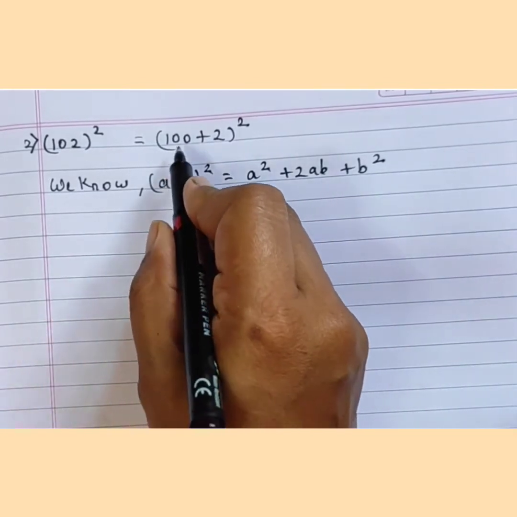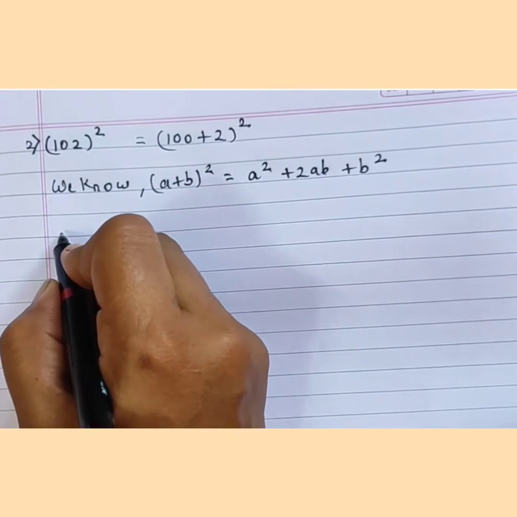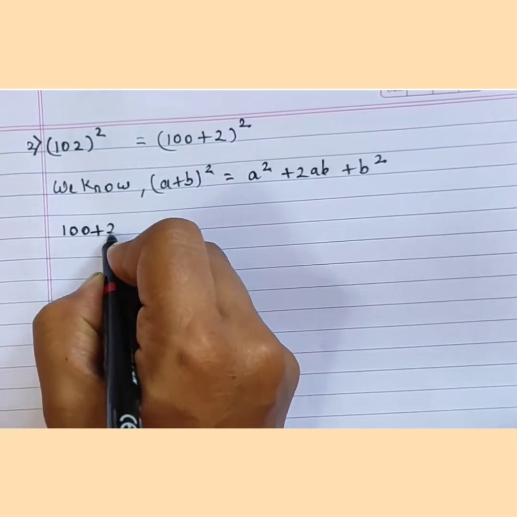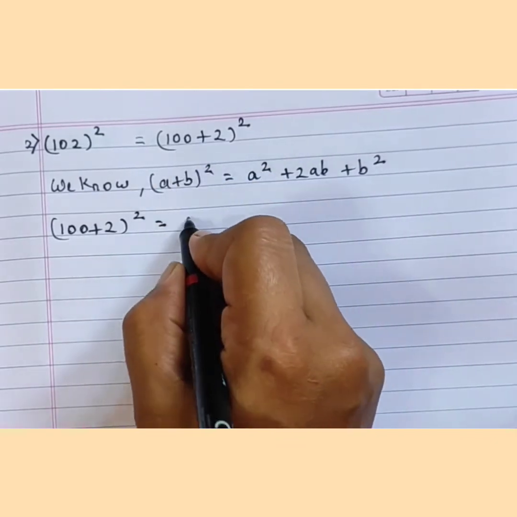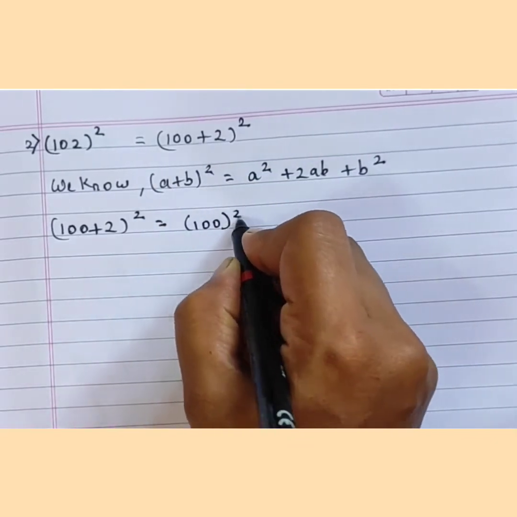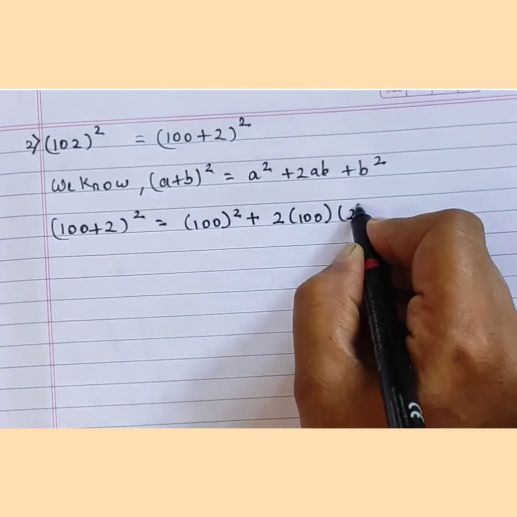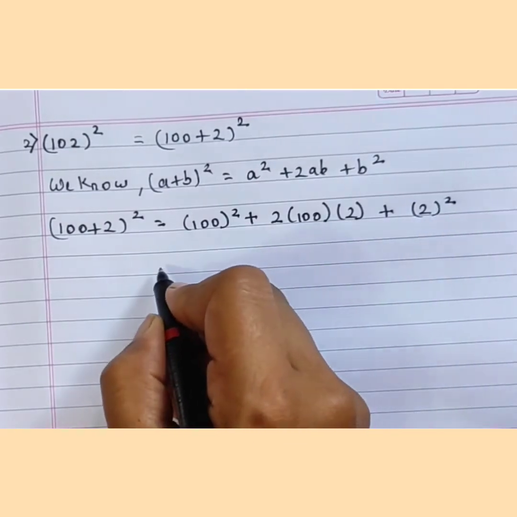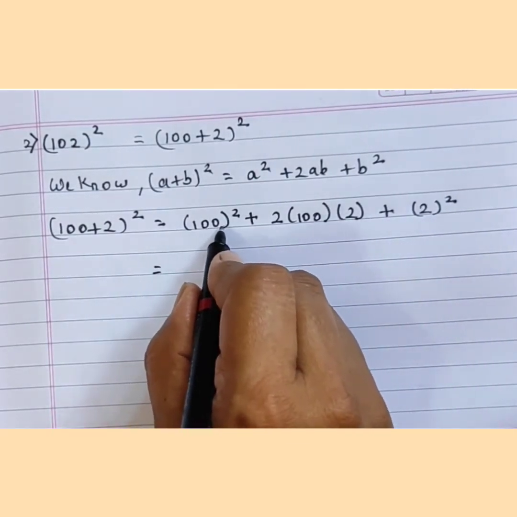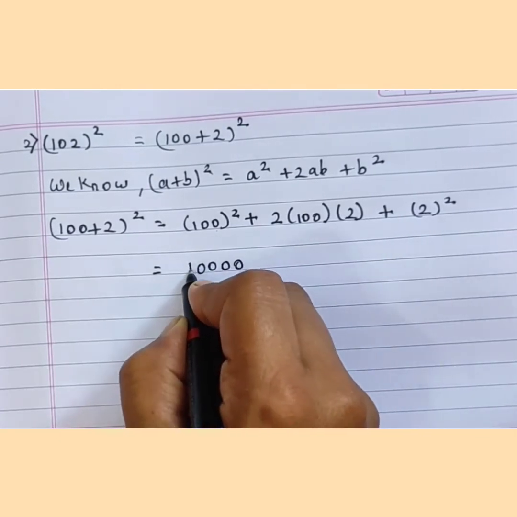Now a is 100 and b is 2 we will consider. Now we will write 100 plus 2 the whole square is equal to a square, that means 100 square plus 2 into 100 into 2 plus 2 the whole square. Now there are 2 zeros. When you square, it becomes 4 zeros.